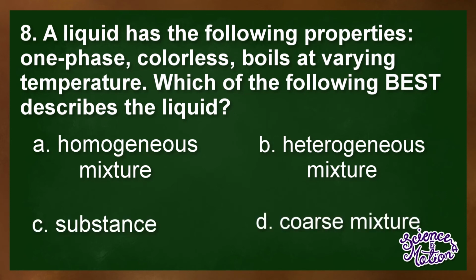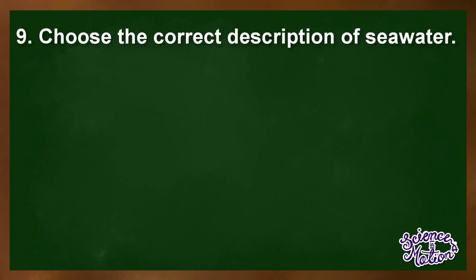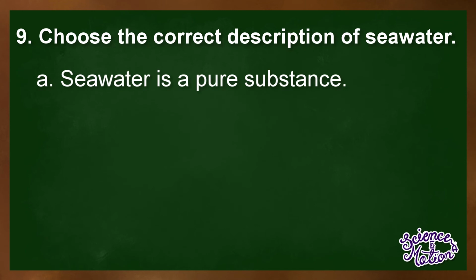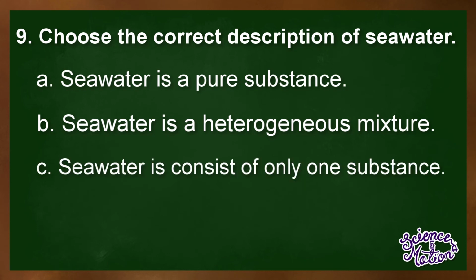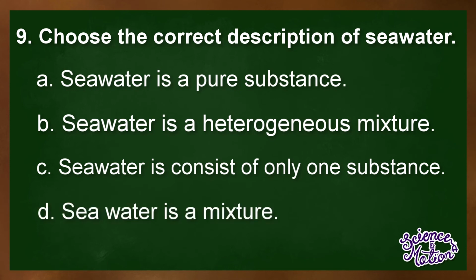Or D. Coarse mixture. 9. Choose the correct description of seawater. A. Seawater is a pure substance. B. Seawater is a heterogeneous mixture. C. Seawater consists of only one substance. Or D. Seawater is a mixture.